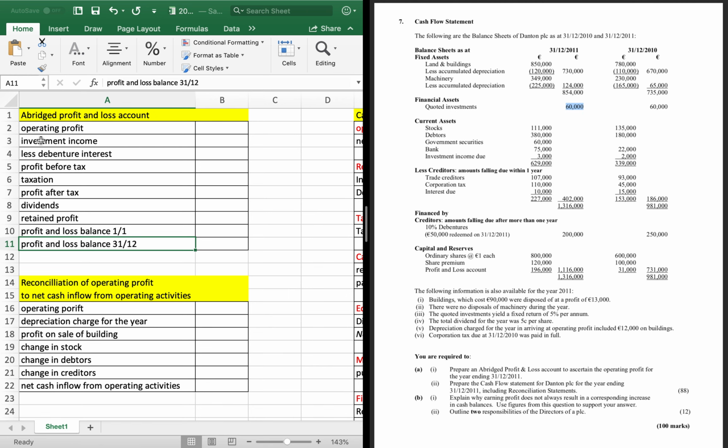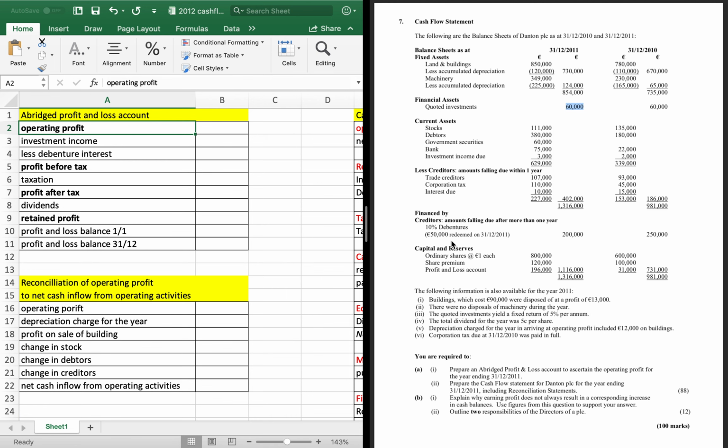So as I said, we work from the bottom upwards. I'm just going to highlight what are answers here and bold them out. So retained profit is an answer, profit after tax, profit before tax, and operating profit. All of the other ones we can put in from these balance sheets.